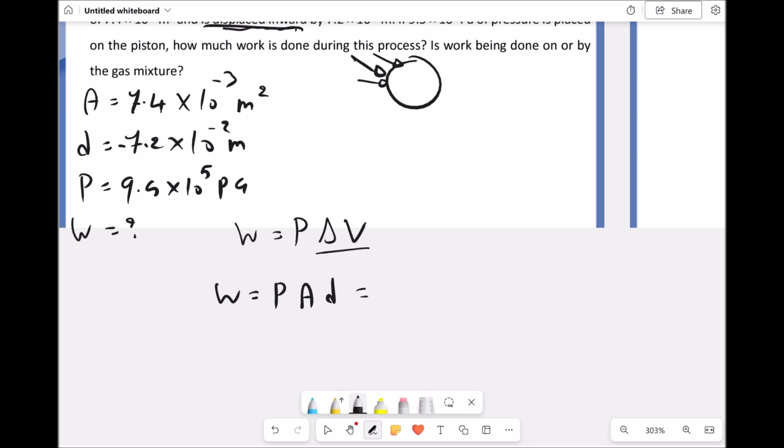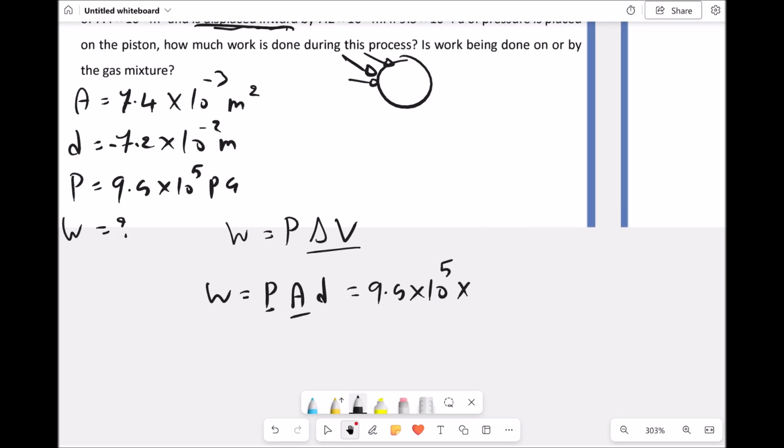This is going to be what? Pressure is equal to 9.5 times 10 to the power of 5 Pascal times area, which is 7.4 times 10 to the power of minus 3, multiplied by minus 7.2 times 10 to the power of minus 2.